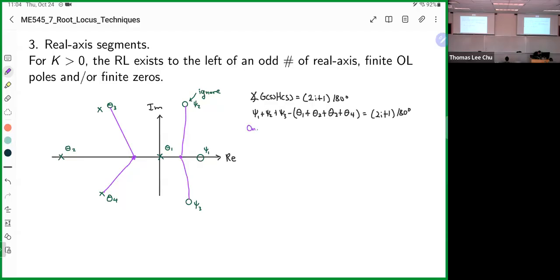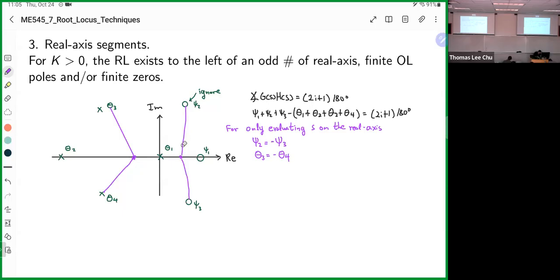So only evaluating S on the real axis. Basically, we can say that psi 2 is equal to minus psi 3, and theta 3 is equal to minus theta 4.